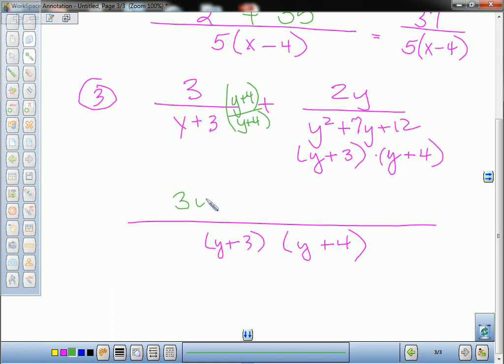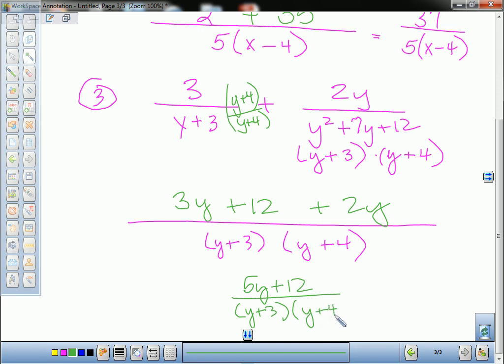So I get 3y plus 12. And then I add 2y to that because this numerator didn't need to be multiplied by anything. So it remains 2y. And then I just combine like terms. So it's 5y plus 12 over y plus 3 times y plus 4.